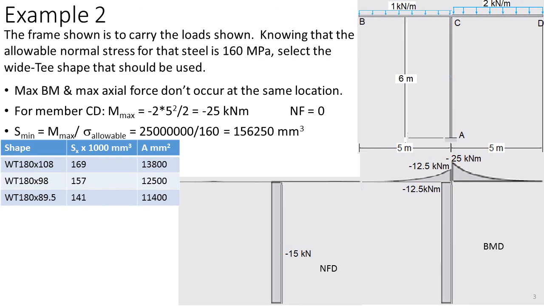The most suitable of them is the WT 180 by 98 because S is 157,000, which is just above the minimum. So it is an economic alternative and it still could withstand that load. However, we need to make a check concerning member AC, especially since the same size will be used for the three members.